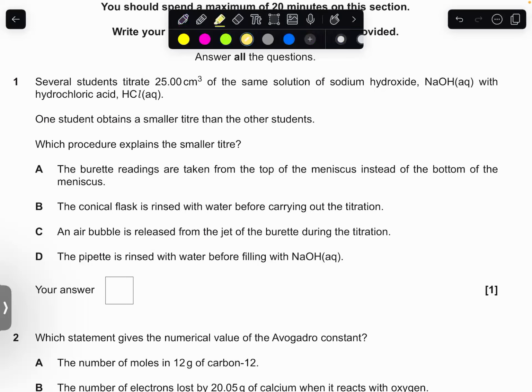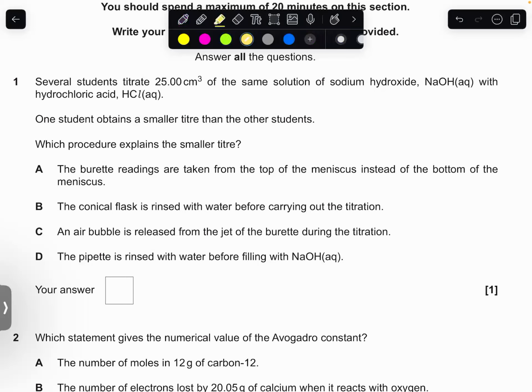So we only want 1 mole of electrons, and that's why having a half a mole will give you 1 mole of electrons. And 1 mole of electrons will have 6.02 times 10 to the 23 electrons that are lost. Answer is B. Mark scheme supports that.